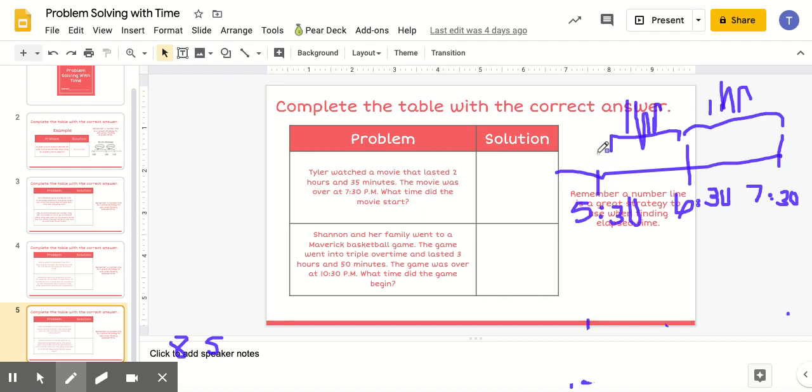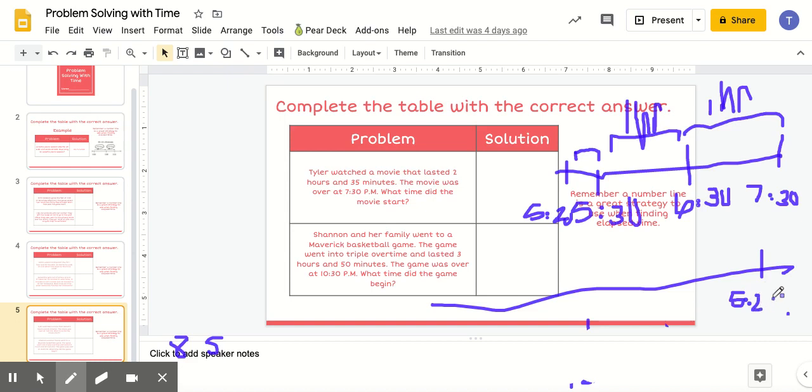So I'm going to start from 5:30 and go backwards 10, which gives me 5:20. I'm going to start a new number line down here. So here's 5:20. I'm going to go backwards 10 minutes, which gives me 5:10.